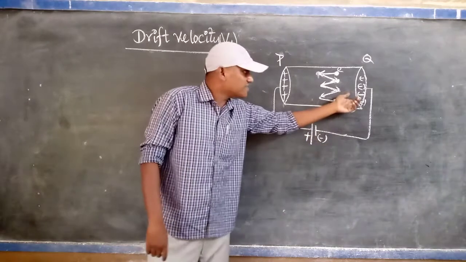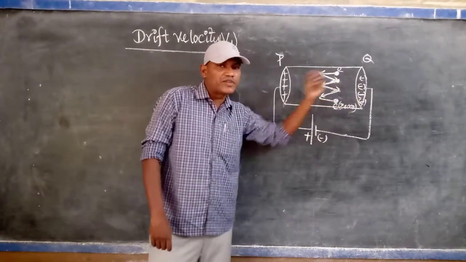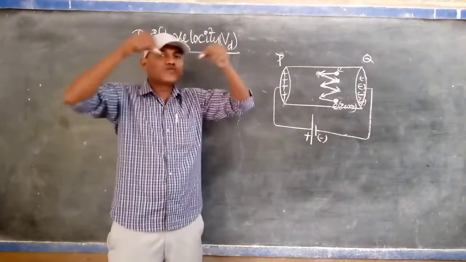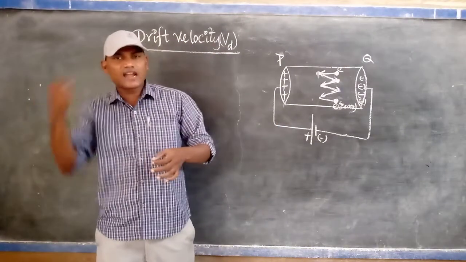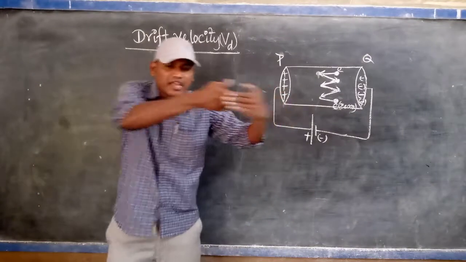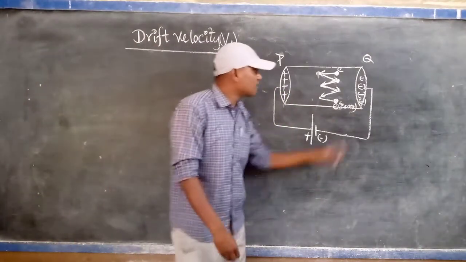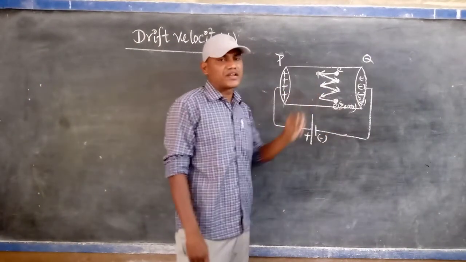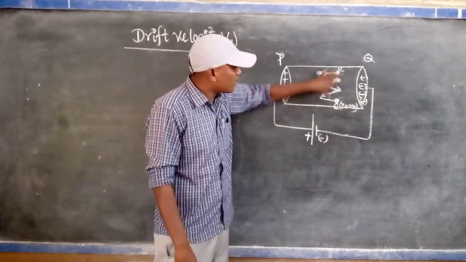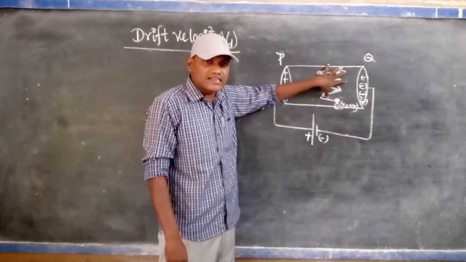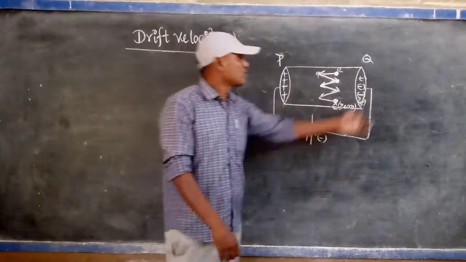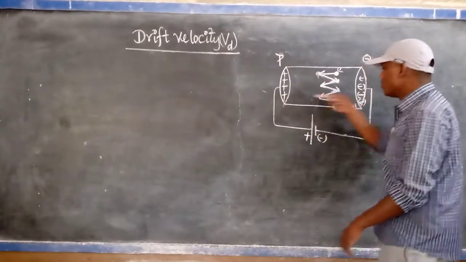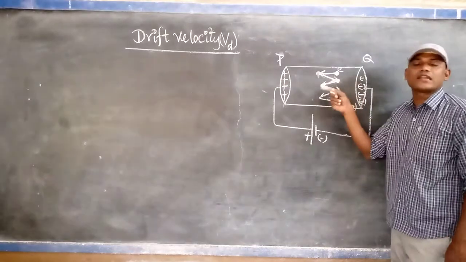When they are connected, as I said in our previous video, two forces act simultaneously on the electron: one is repulsion, another is attraction. These two forces act in only one direction, towards the positive end from the negative end. So every free electron present inside the conductor gets some force and moves in the forward direction.